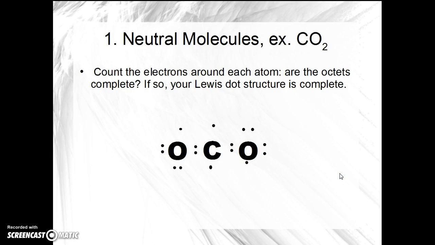Are the octets complete? Well, no. This oxygen has 7, this carbon still now has 6, and this oxygen has 7. If we had complete octets, we would have a complete Lewis dot structure, but we do not here.